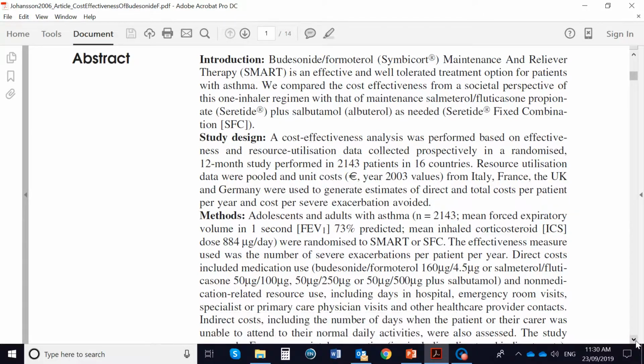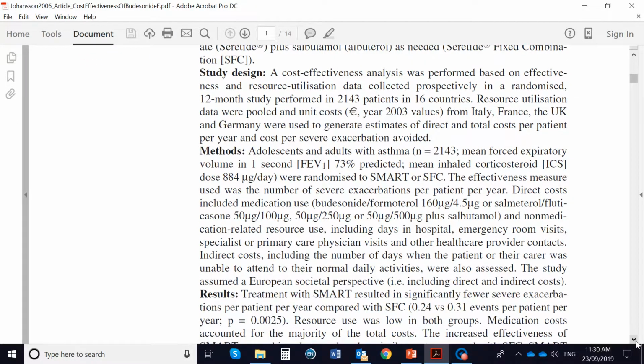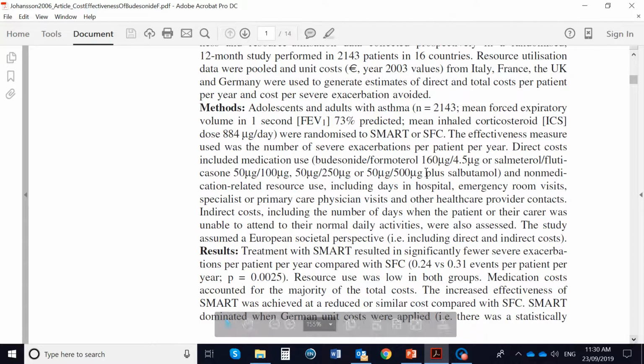what is the cost effectiveness of these two regimens, and I think they should have looked at the resources. So let's see. The cost will be the cost of the treatment. So data were pooled and unit costs from Italy, France.